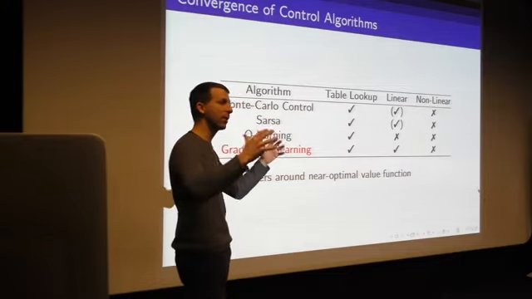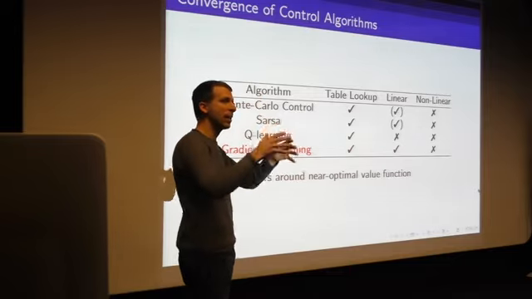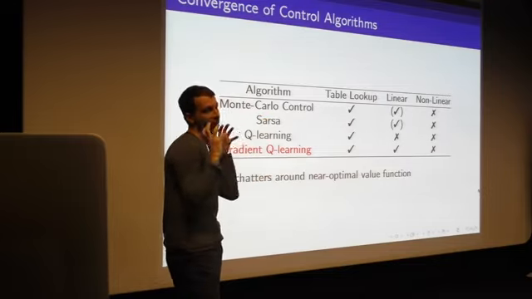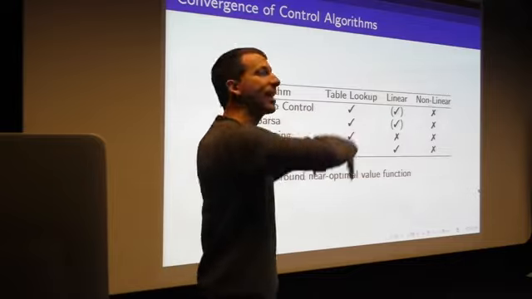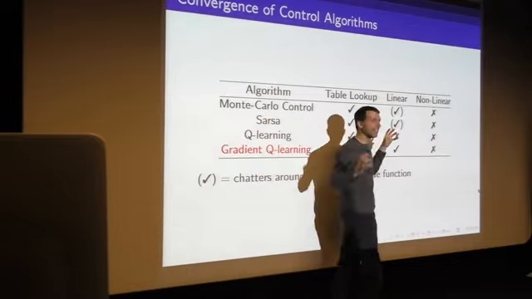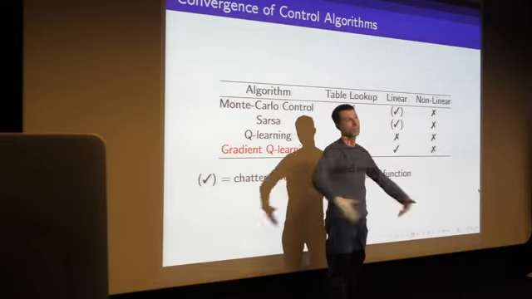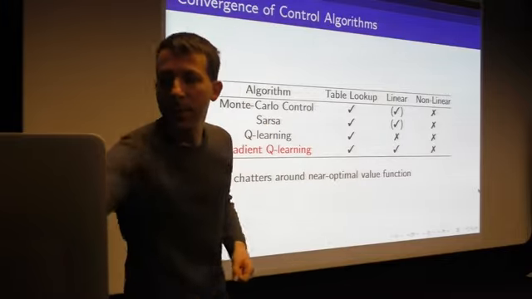You can make progress, then take a step away, make progress, take a step away, and end up chattering around the optimal policy or the optimal value instead of ever converging to it. So the cross here means catastrophic divergence is possible. This means that you chatter, always getting closer but occasionally stepping away, but you never shoot off to infinity.